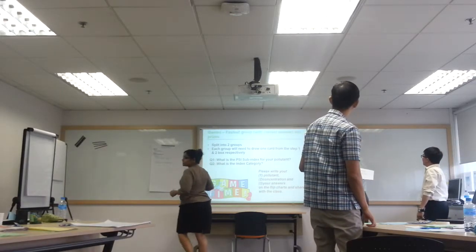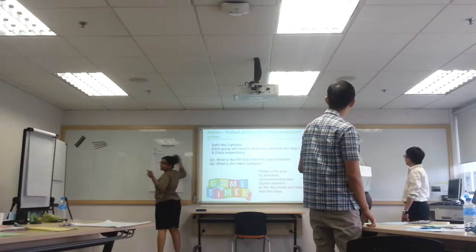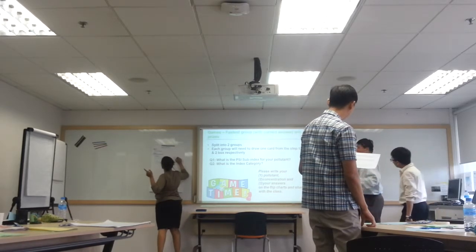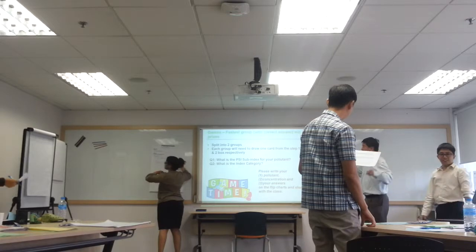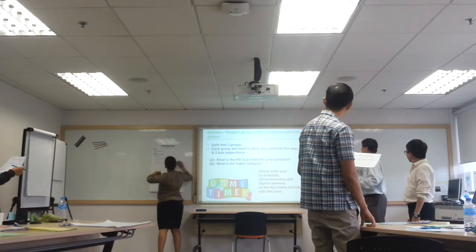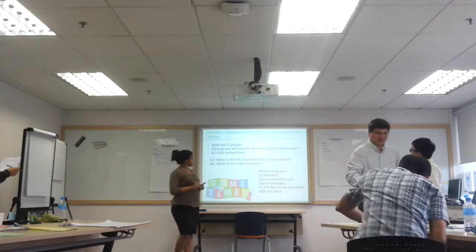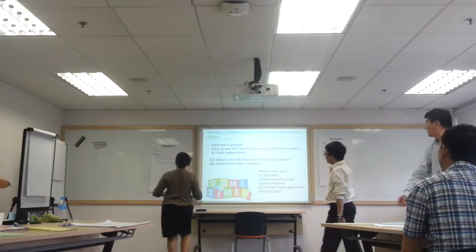Pollutant. What is your concentration? 10. Your sub-index is this one. Index category is unhealthy, 0 to 80. What is your pollutant? What is your concentration?